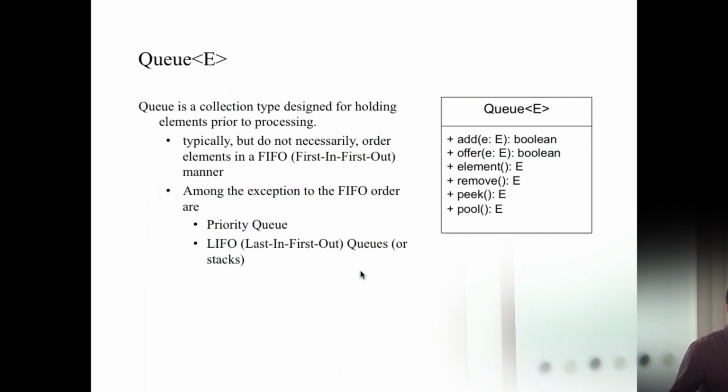The next thing we have is the queue interface. In a queue, you can have duplicate values, but unlike a list, there is no special index. The general property of the queue is that, opposite to the stack, where you have last in first out, in the queue you have first in first out.